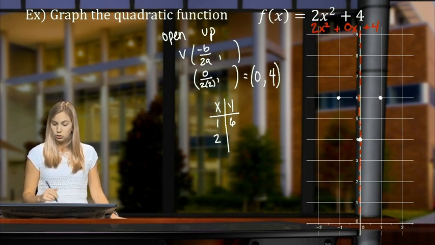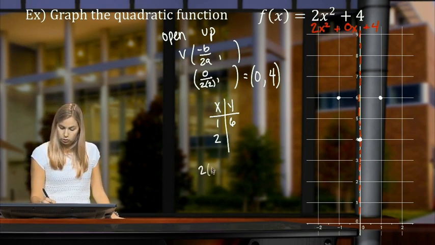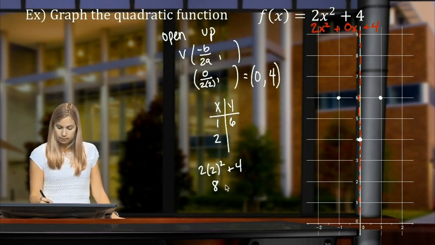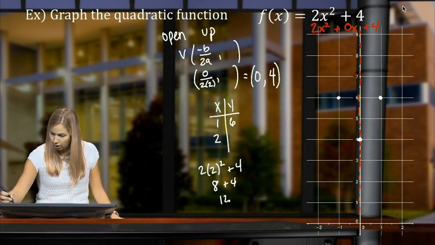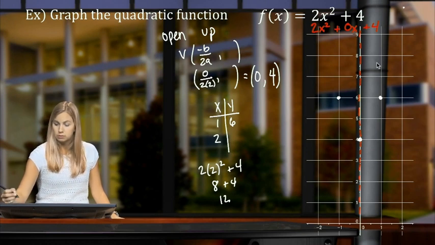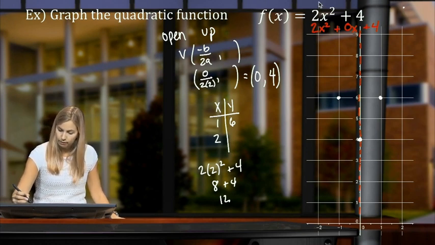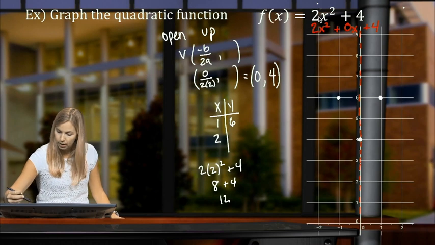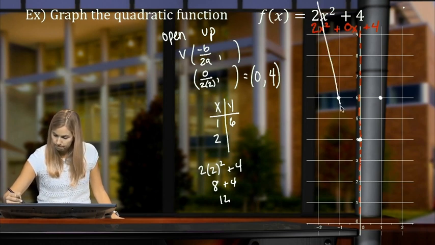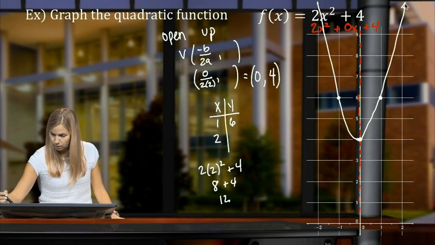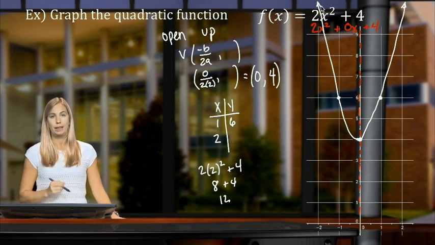When we plug in x equals 2, we have 2 times 2 squared plus 4. 4 times 2 is 8, plus 4 is 12, which it looks like I'm actually going to run off my graph. It's somewhere way up here. And then if I reflect about my axis of symmetry again, somewhere up there, and we can see that our parabola opens up like this.